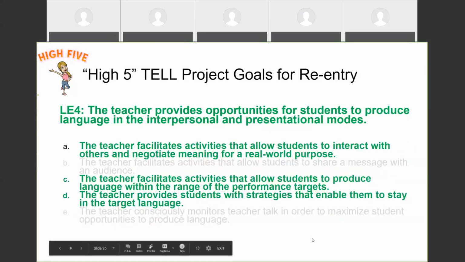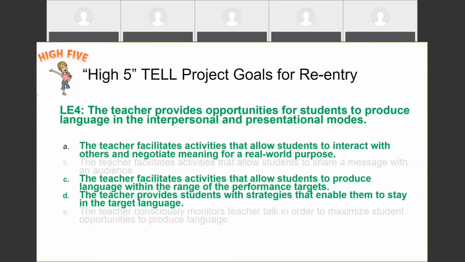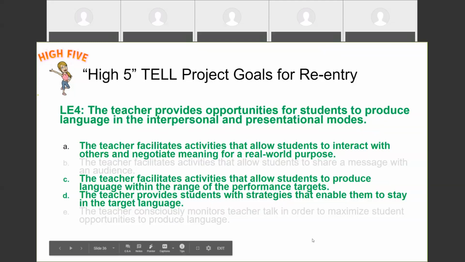Specifically on the presentational mode, the teacher facilitates activities for students to interact with others and negotiate meaning. Activities for language production in their range of performance, and providing students with strategies and supports to enable them to be able to stay in the target language no matter where they lie on the scale of proficiency.